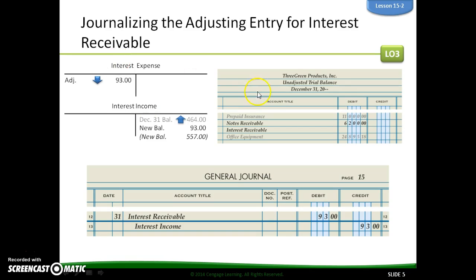On our trial balance, you can see that our interest receivable is 93 on the debit and the interest income is 93 on the credit. That's just going to reconcile and post those adjusting entries for interest we know we're getting in the future.